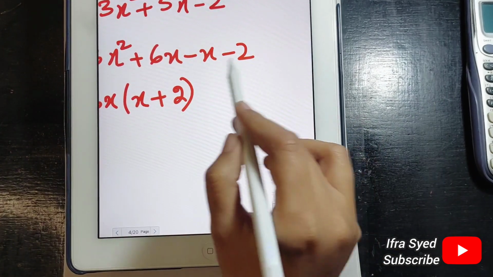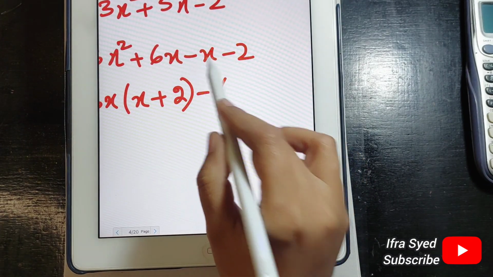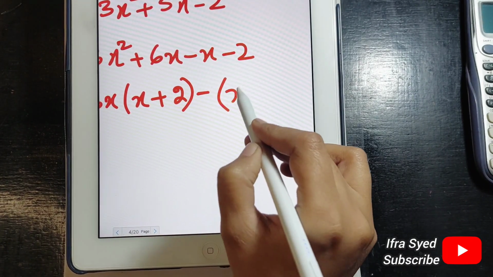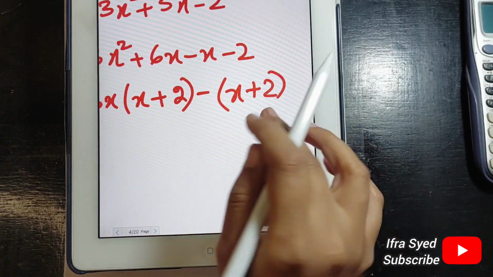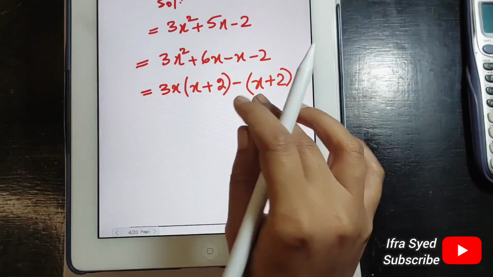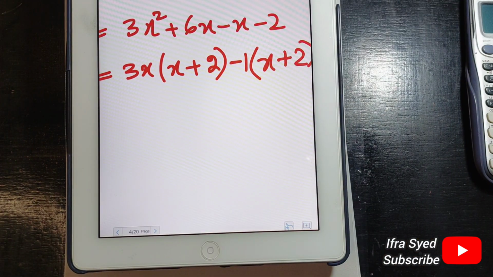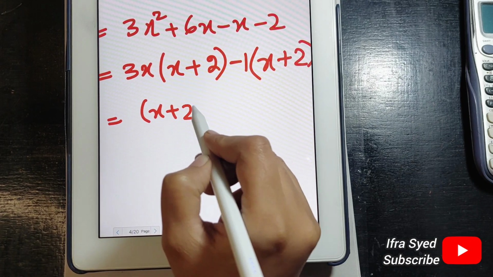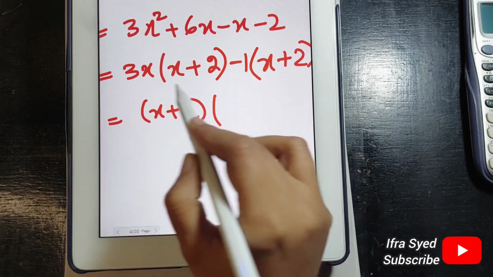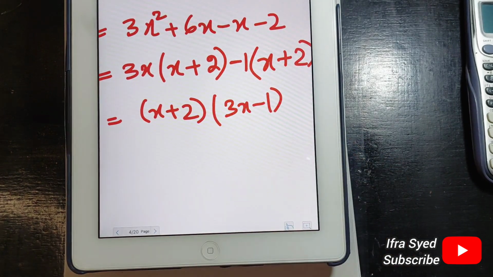In the next two terms, we have minus 1 common, so the minus becomes plus: x plus 2. So if we take (x plus 2) common from this expression, the remaining will be 3x and this minus 1, and this is our answer.